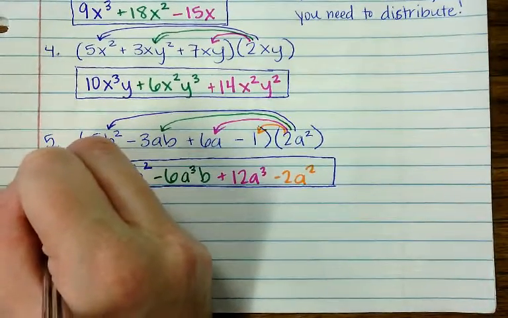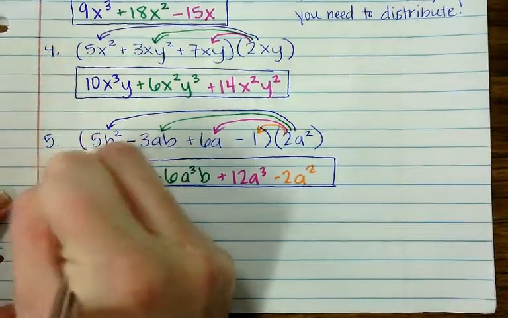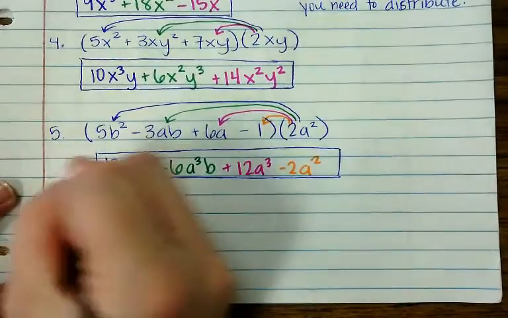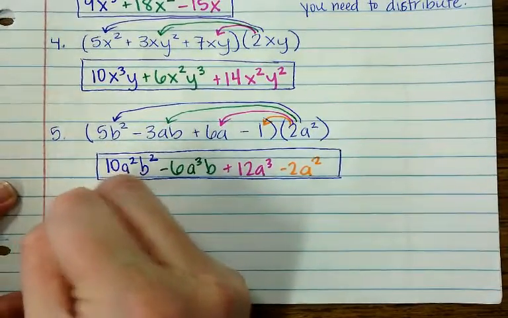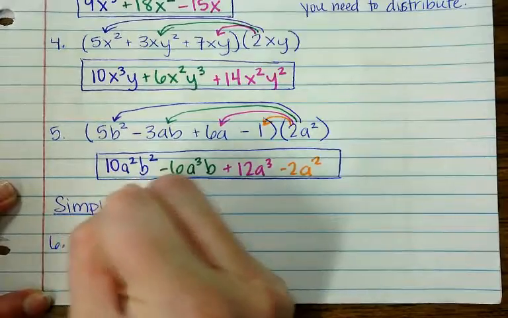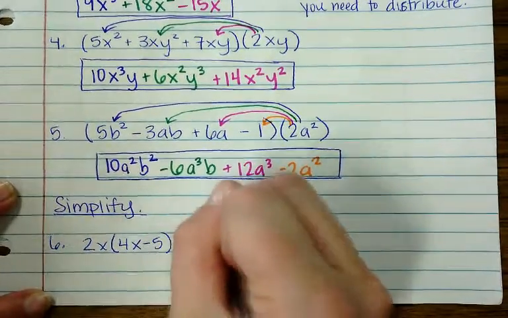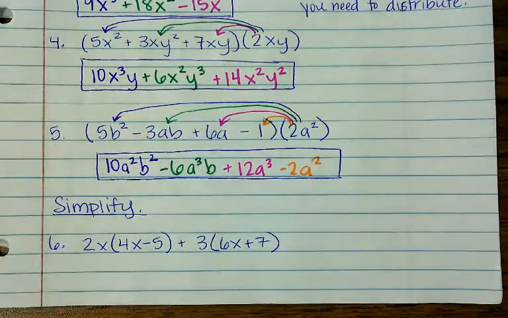And I want you guys to simplify the following expression. All right? So number 6 here, it's going to be 2x times 4x minus 5 plus 3 times 6x plus 7. Okay, guys?